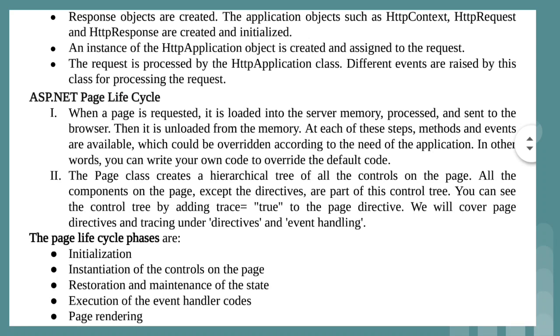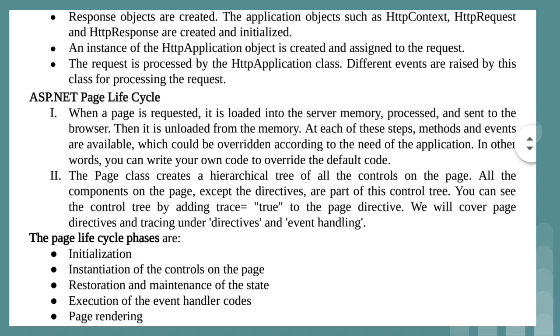Now we are talking about the page, so we have Page_Load as a default event. When we double click on the page, not on any control, we get that Page_Load event. That is the default event. And the statement says all the events could be overridden according to the need of the application. Meaning, if I want certain controls to be enabled false, then that code we write inside Page_Load.